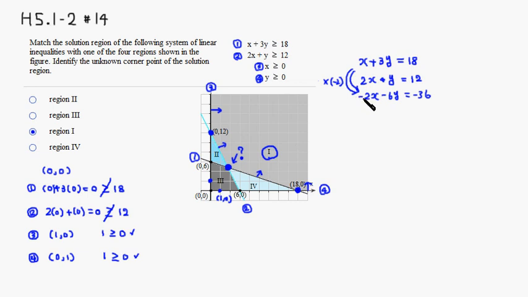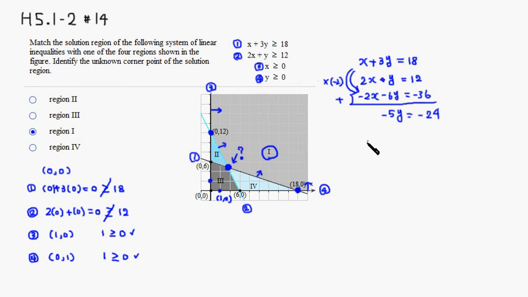I'm going to do addition here: 2x plus -2x cancel out. y plus -6y would be -5y, which is equal to 12 plus -36, which is -24.